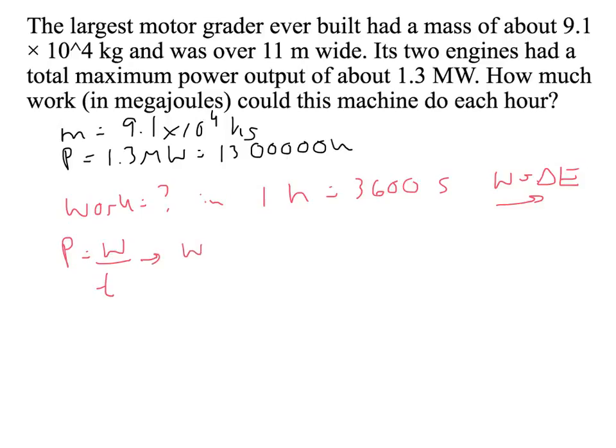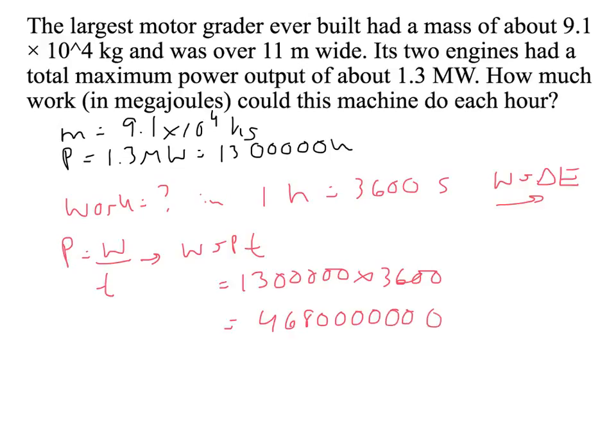We rearrange, we get work equals power times time, which is equal to 1.3 million times 3,600, which gives us 4.68 followed by 7 zeros, which gives us 4.7 times 10 to the 3 megajoules.